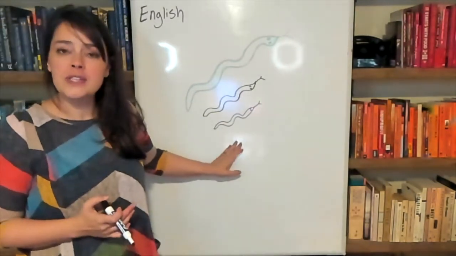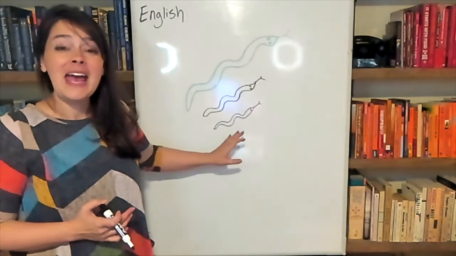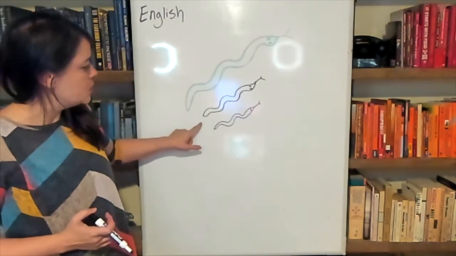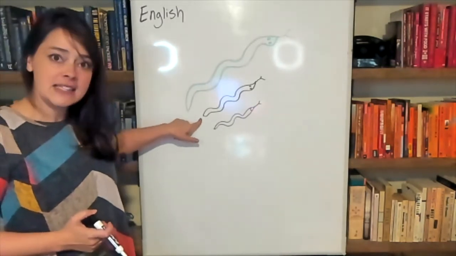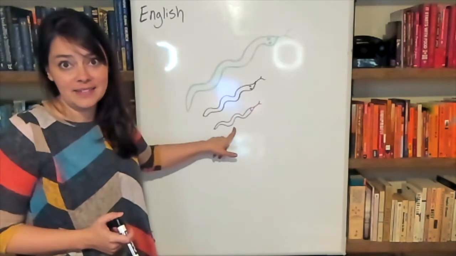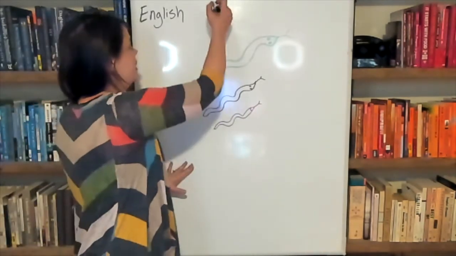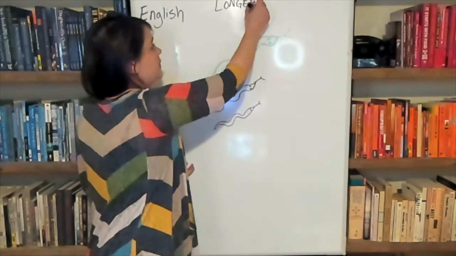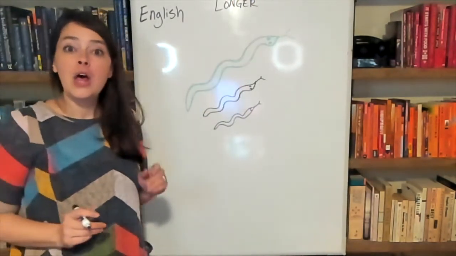We can also use adjectives to describe them and compare them, okay? When we look at these snakes, we could say the black snake is longer than the purple snake, right? Longer. That's one adjective that compares. Longer.